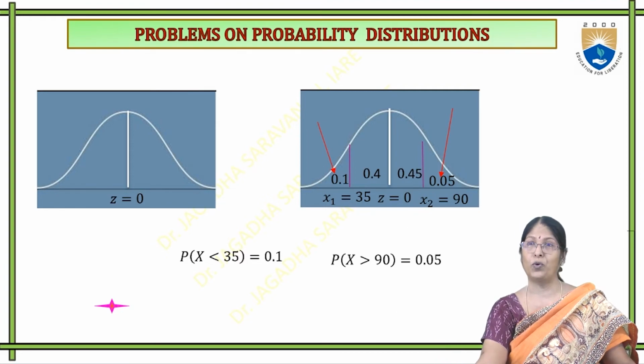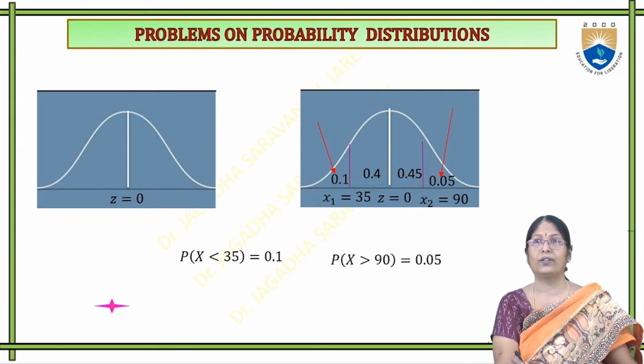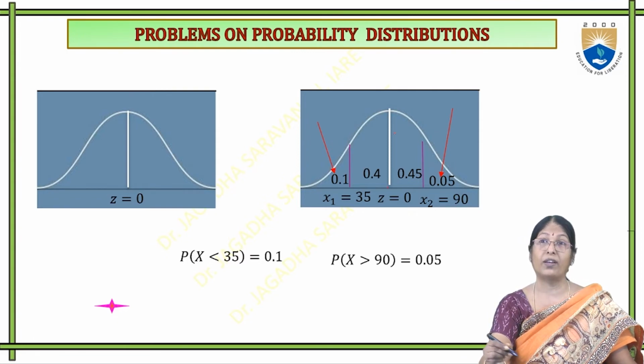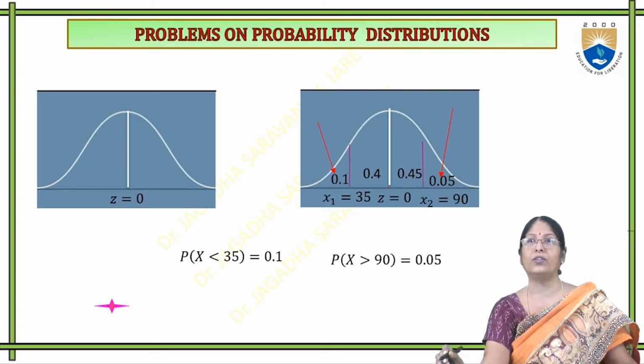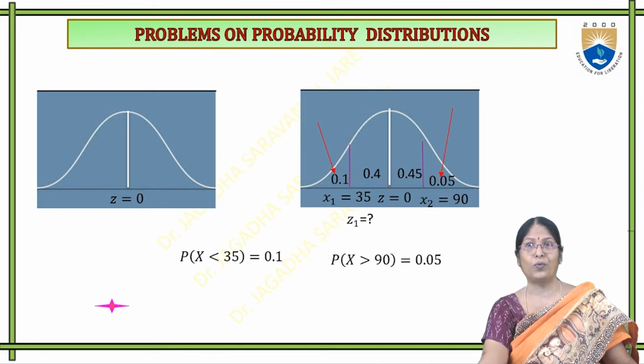Then this is 0.45. We get this because the vertical line divides the area equally, 0.5 and 0.5. The total probability is always 1. We don't know what Z1 is. We don't know what Z2 is.